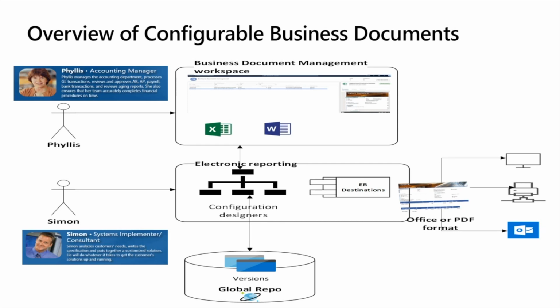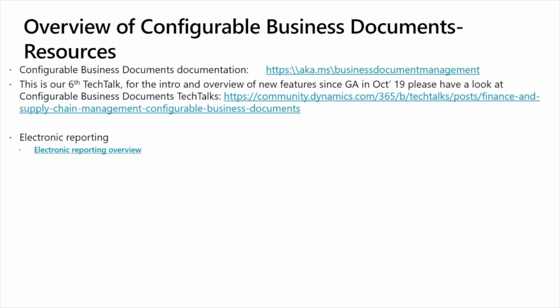So Phyllis and Simon can work together for an end-to-end scenario. And as I mentioned, all the configurations and reports are being stored in our cloud service Global Repo, which is used for storing all this ER configuration and business documents.